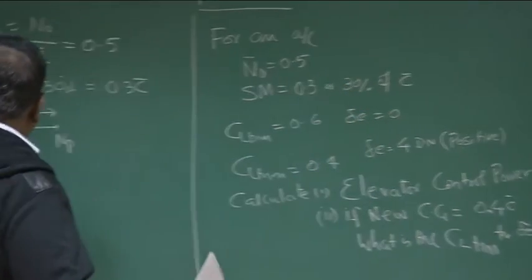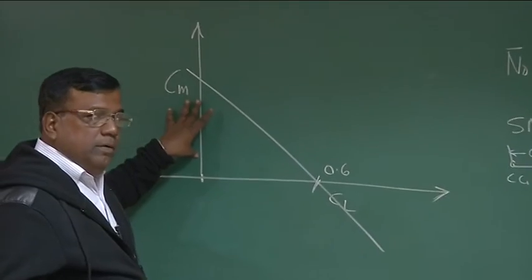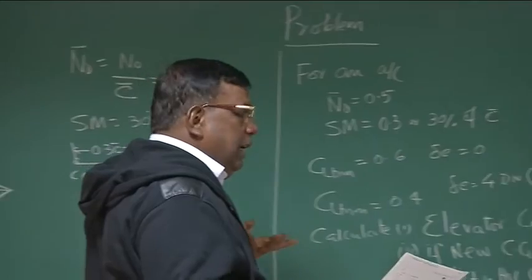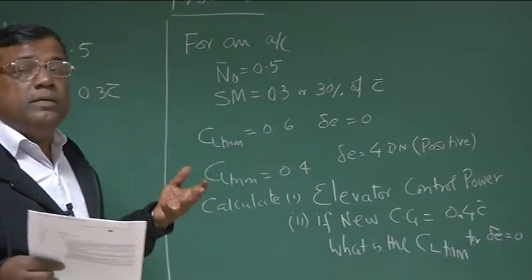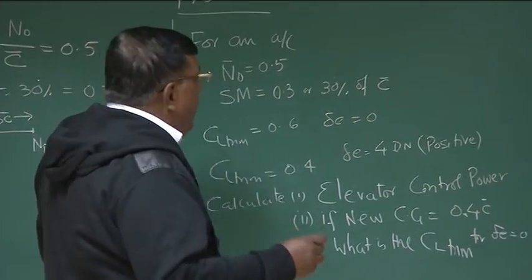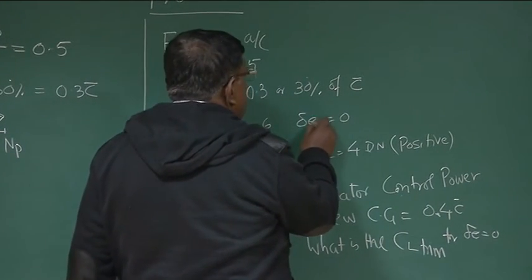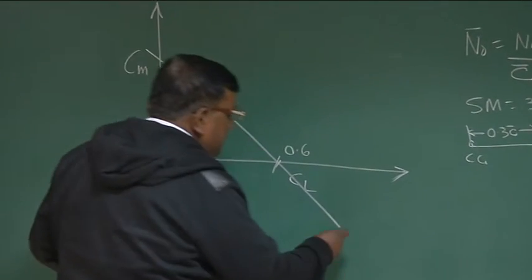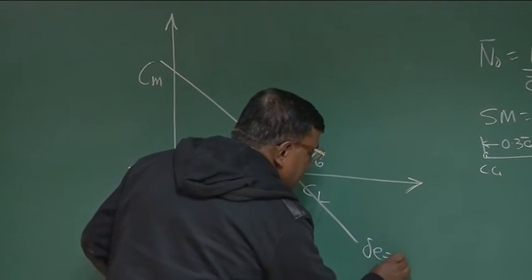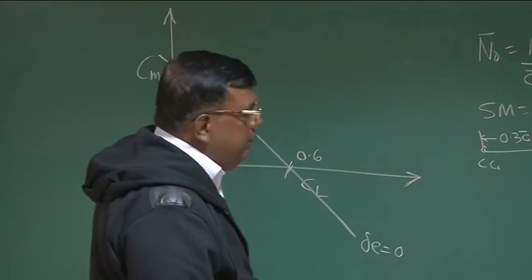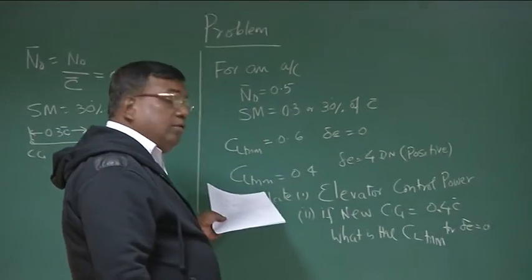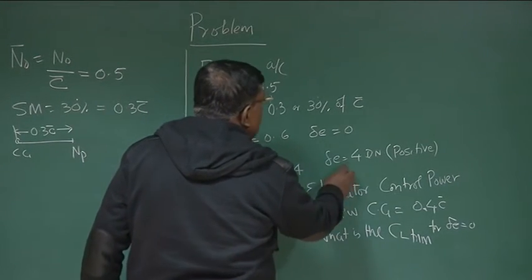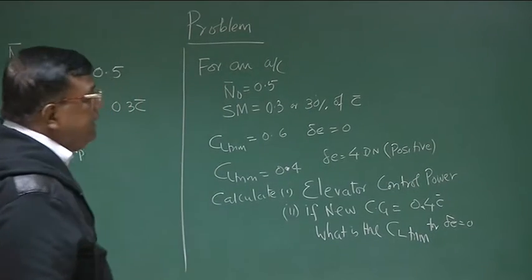That means the whole of this CM naught was generated otherwise, from tail setting or from the aerodynamic center of the wing being ahead of the CG of the airplane. So the elevator deflection was not required, but the aircraft could easily trim at 0.6. So delta E is 0. Then it further says that when trying to trim at CL equal to 0.4, an elevator deflection of 4 degrees was required.